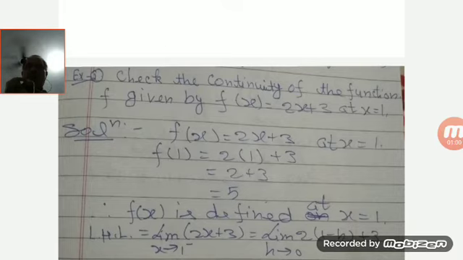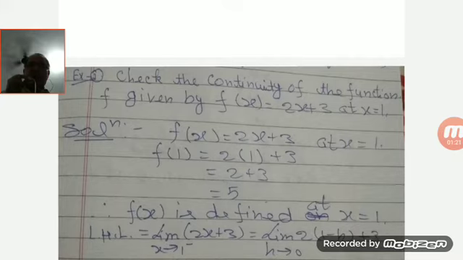We have to find the value of the given function. For finding the value of given function at point x equal to 1, we can replace x in the given function by 1. So f of 1 is equal to 2 into 1 plus 3, that is 5.